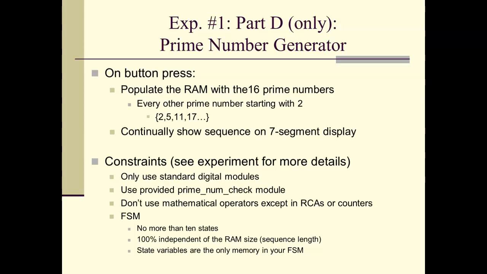And then I want the state machine to be 100% independent of the RAM size, which is essentially the sequence length. And I want the state variables to be the only memory in your state machine. So I don't want counters inside your state machine, or once again, magic numbers and weird stuff in your state machine. Don't do it.